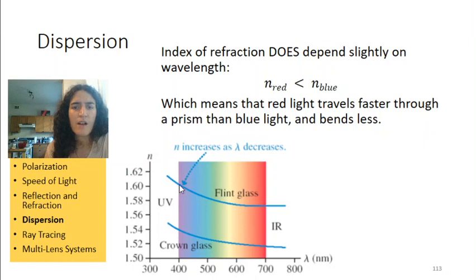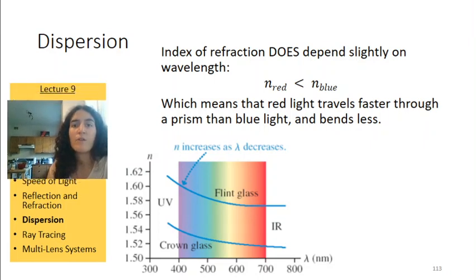Here it's starting off at 1.6 and ending up at 1.58, right? So there's a very small distinction between it, but there is a lower index of refraction as you move to higher wavelength, right? Higher wavelength is smaller frequencies, right? Okay.